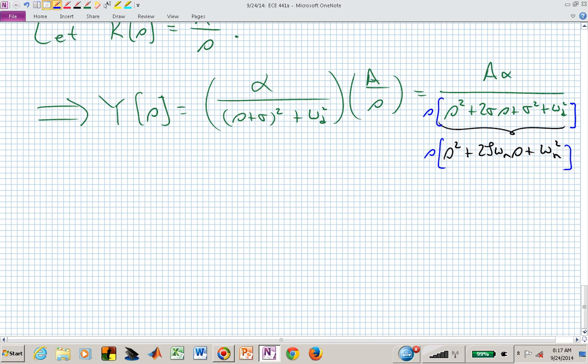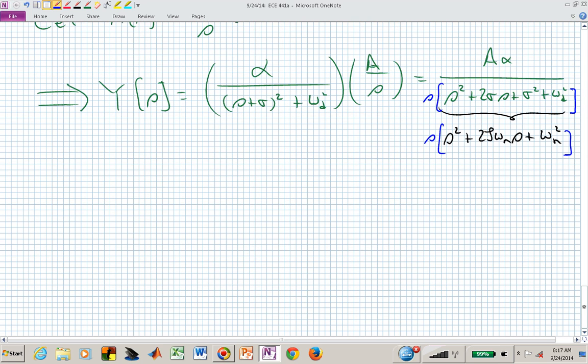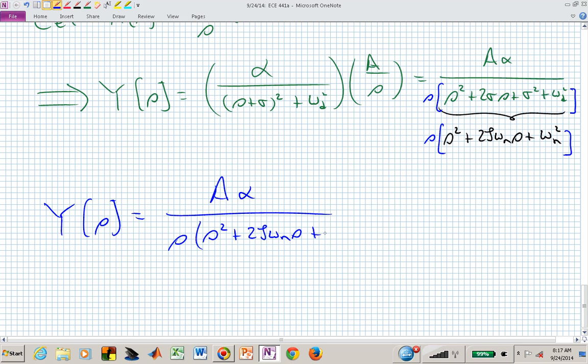Let's now rewrite that a little bit differently to make our analysis maybe a little cleaner. Let's now take this A alpha upstairs, S times S squared plus 2 zeta omega sub n S plus omega sub n squared, and let's now multiply that by 1.